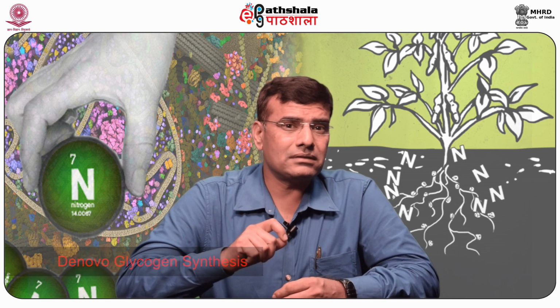So, glycogen synthesis is carried out by glycogen synthase and glycogenin. De novo synthesis of glycogen occurs since glycogen synthase can add a new glucose molecule to an existing chain. Glycogenin is a primer for glycogen synthesis. It is a protein composed of two identical subunits.